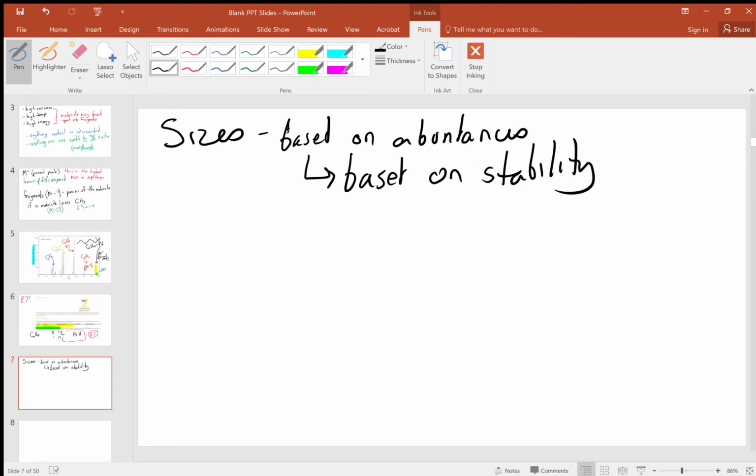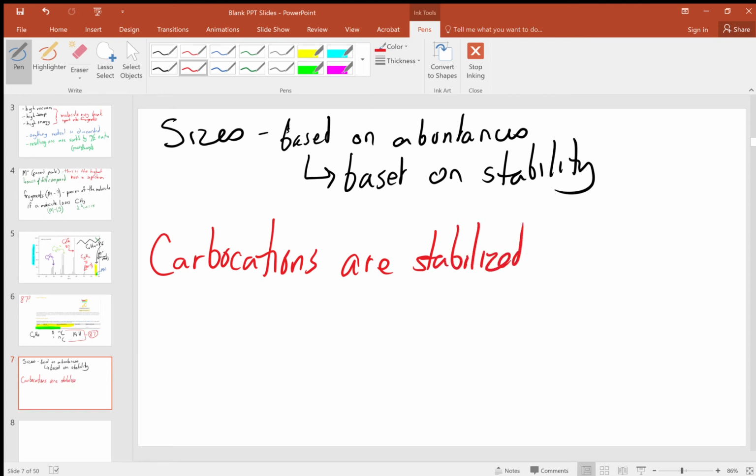So some carbocations are more stable than others. And if the carbocation is more stable, we're likely to have more of it. So what are carbocations stabilized by? The most common thing? Is the more substitution we have, the more stable they are.